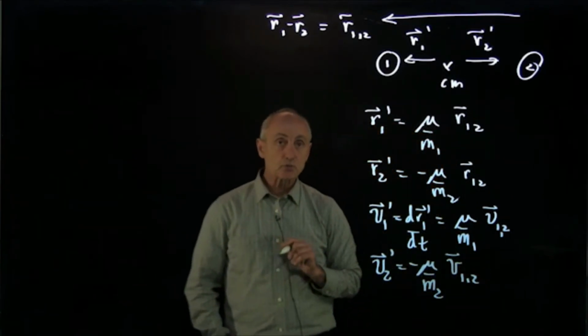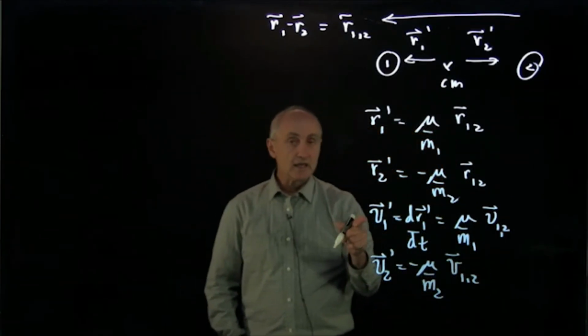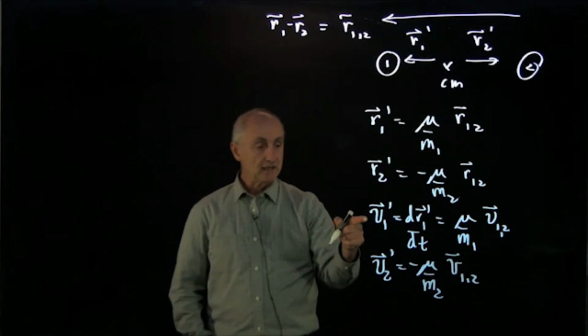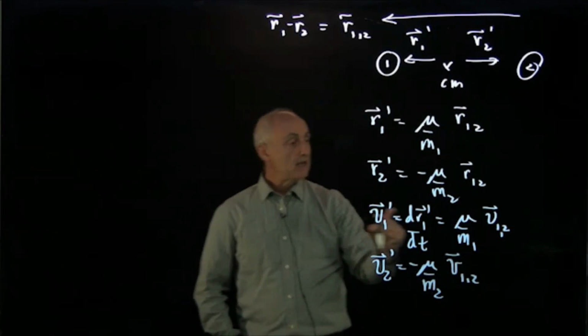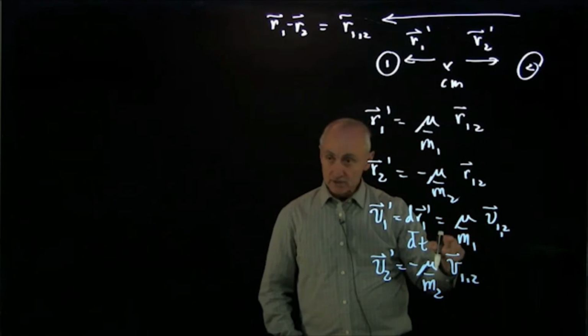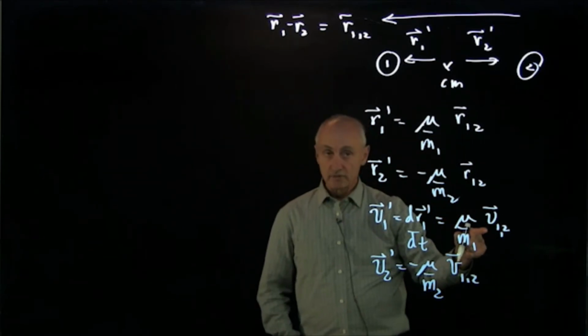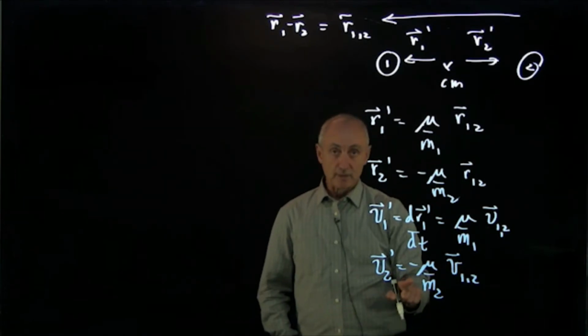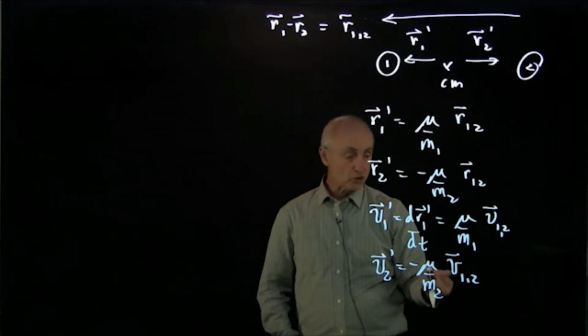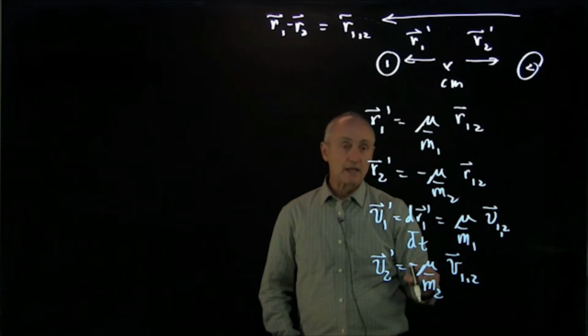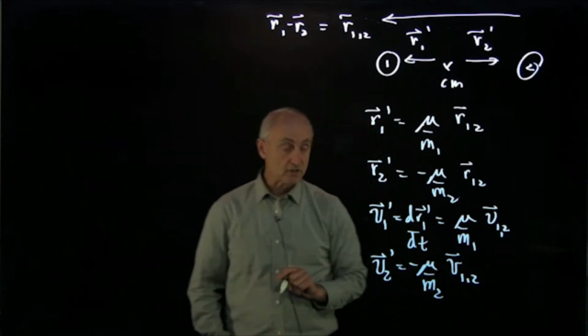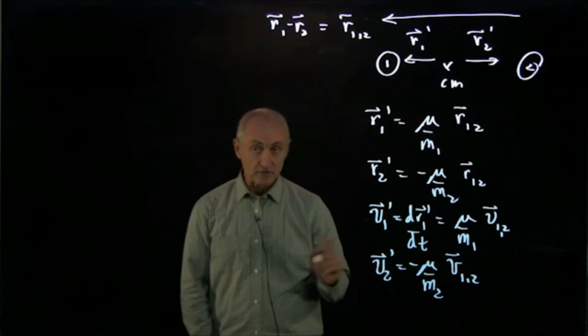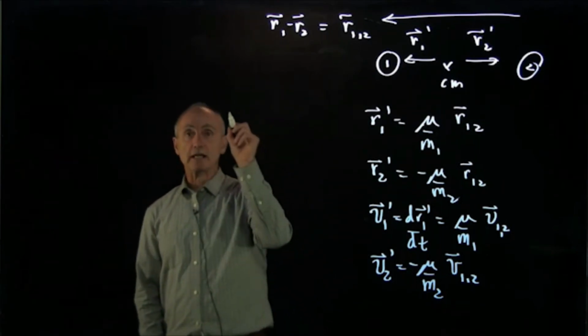Now, the significance of this result is that the velocity of the object in the center of mass frame is equal to some constant times the relative velocity. Likewise, velocity v2 prime in the center of mass frame is also proportional to a constant, with a minus sign, times the relative velocity.